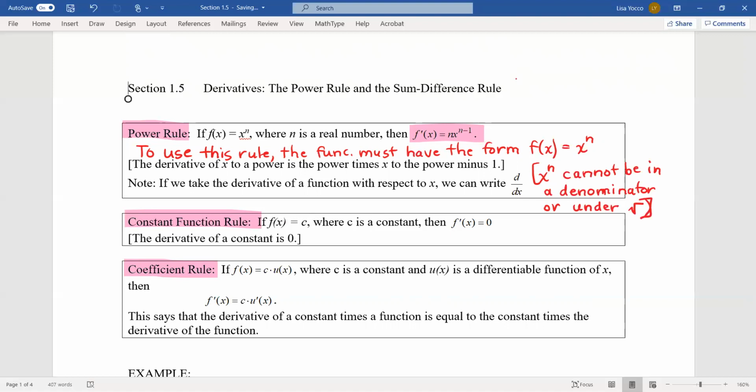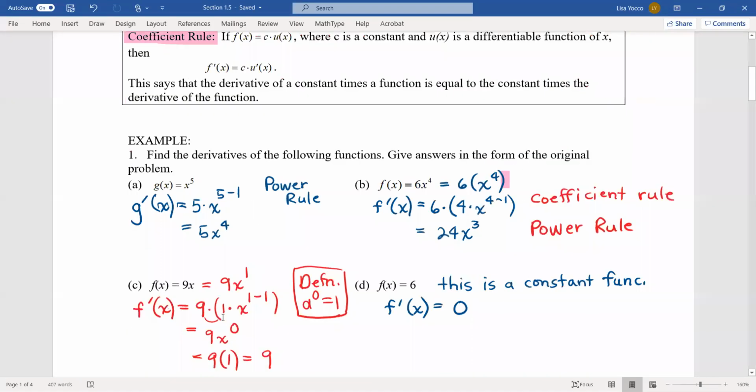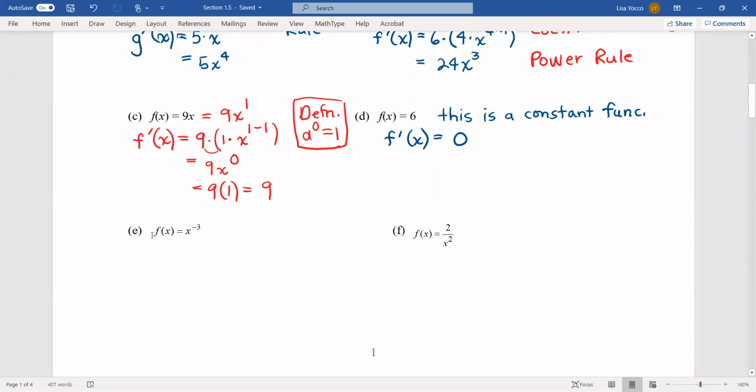All right, so what do we do if it's not in that form? Well, we have to rewrite it using the rules for exponents. The function in part E, you're like, well, gosh, that looks different. Okay, it looks different because the exponent is negative, but we don't care. It has the form f of x equals x to a power. It's good to go.